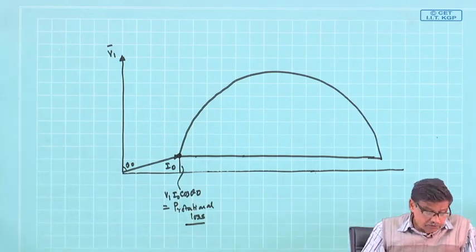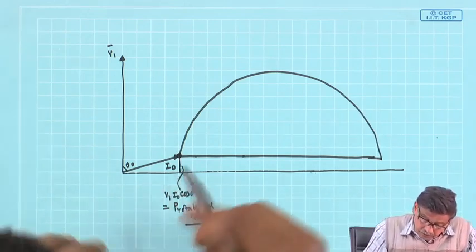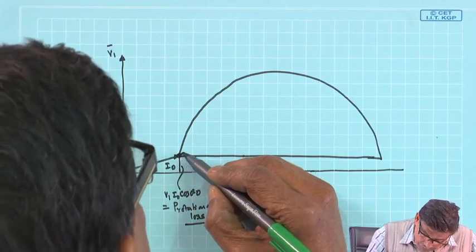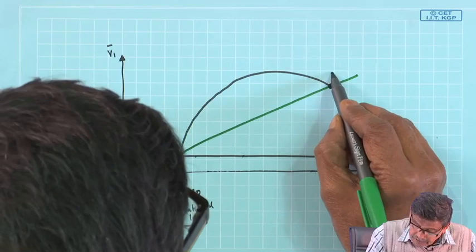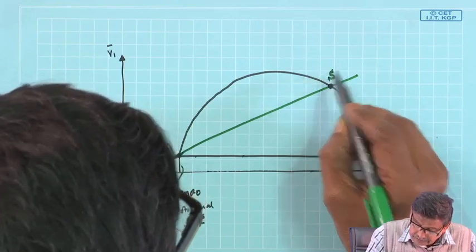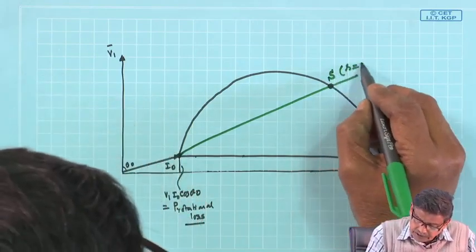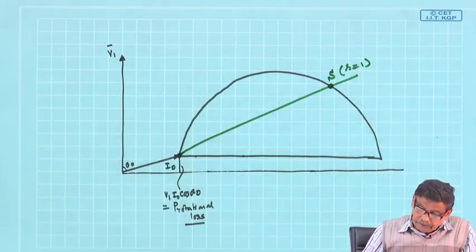Now, here also there will be two situations. I will first draw a line here, the standstill condition, s equal to 1, similar to the previous one. Okay.